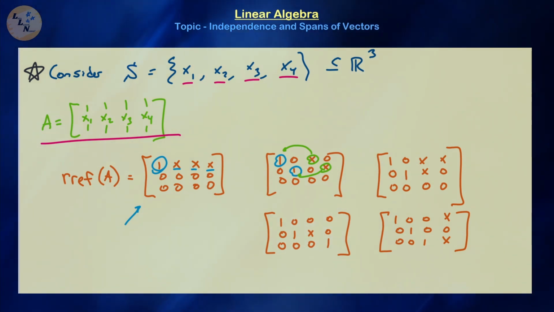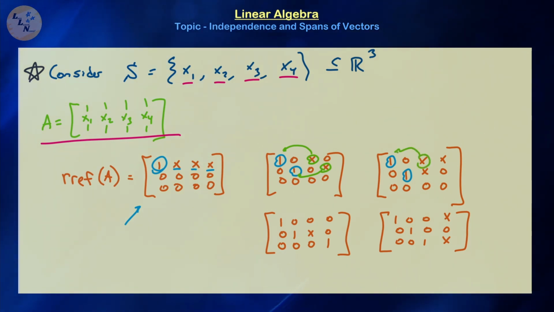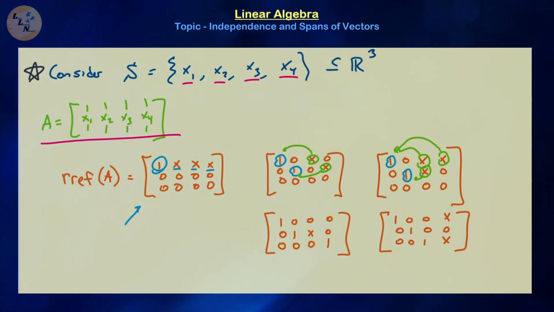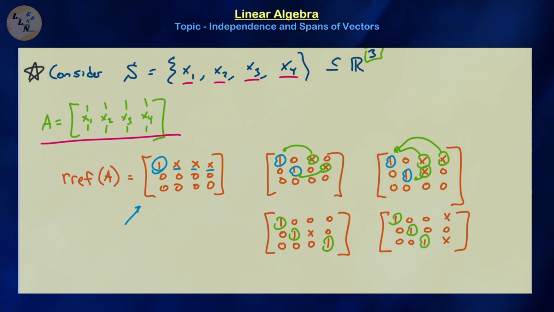If we look at scenario 3, again, we have 2 pivots, so who is dependent on who? Vector 3 is dependent on vector 1 and vector 2, but vector 4 is only dependent on vector 1. Again, it's a dependent set of vectors. These other two cases probably are the most ideal scenarios that you can have, because remember that the maximum number of pivots that you can have in a matrix is equal to the number of rows, which is the dimension of the space of vectors that we're working with.